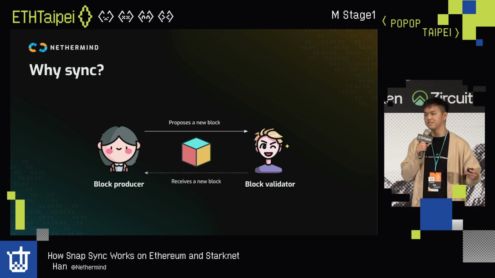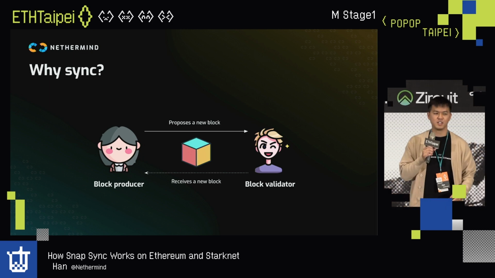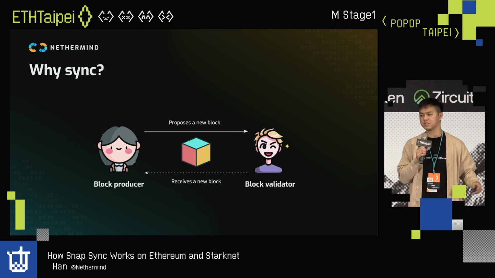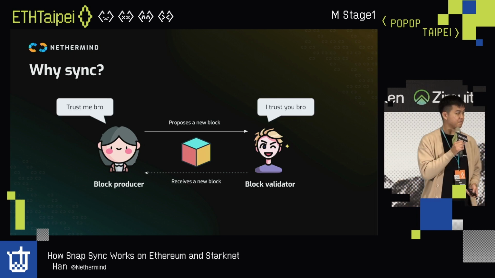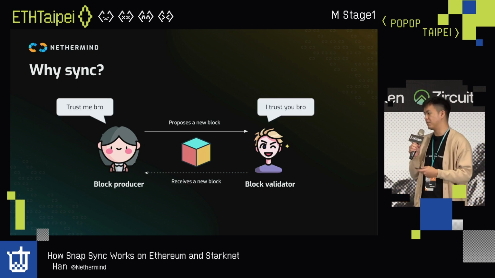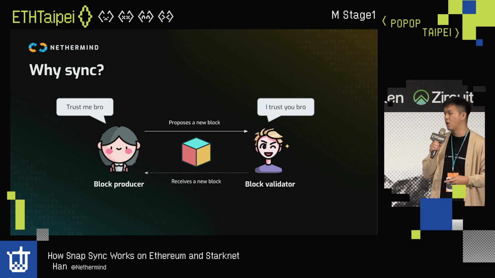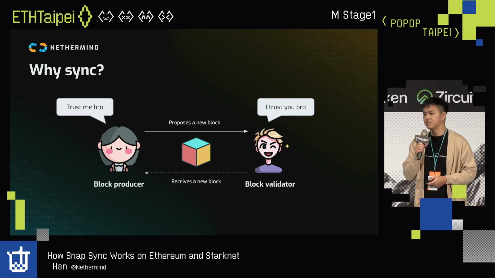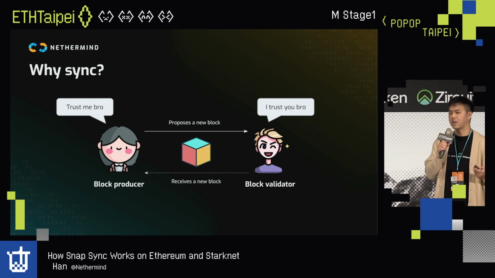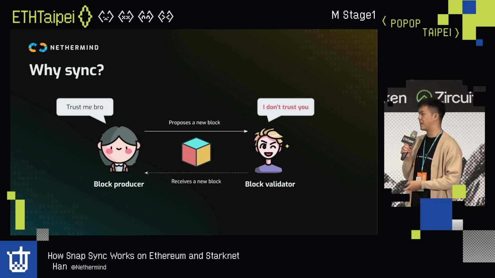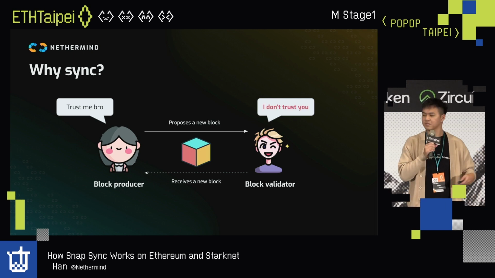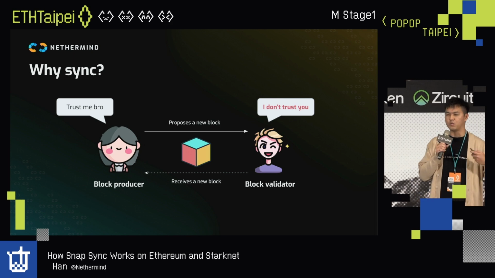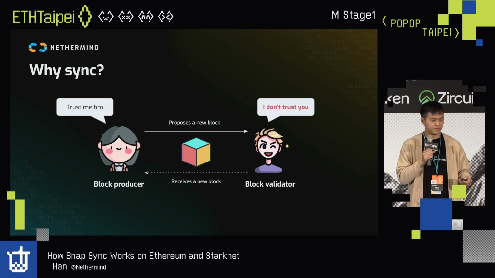Assuming the system is just these two actors without anything else, it's basically a trust-me-bro system, because the block validator would just be trusting whatever block it receives. But of course, it's a blockchain, so we don't want this kind of trust-me-bro system. This is where we get the I-don't-trust-you kind of thing.